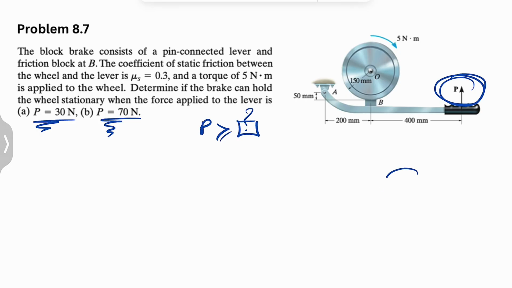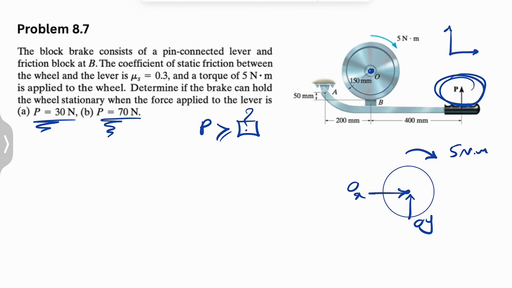Let's see what we have. So this is going to be our wheel. We have the 5 Newton meter torque applying here. It's attached to a pin at point O, so we can consider two components, Ox and Oy. And on this tangent line, we're going to have the forces of the brake.